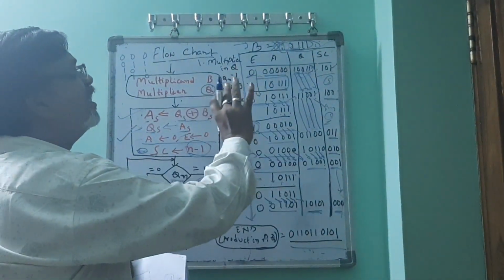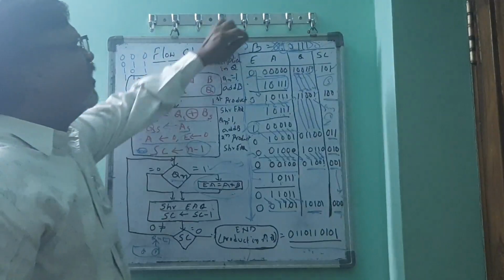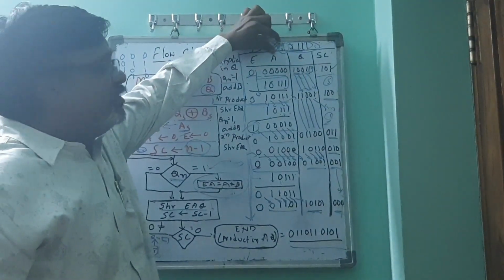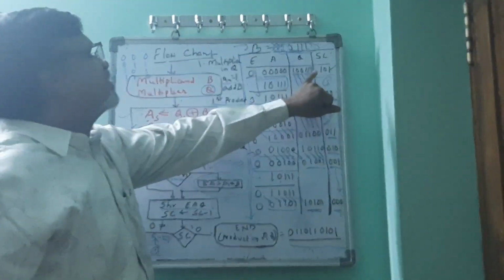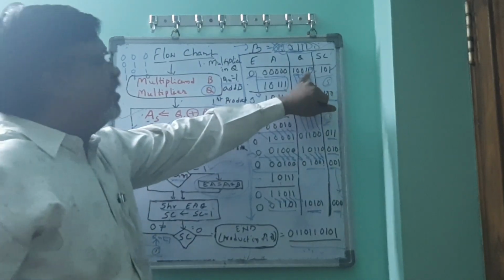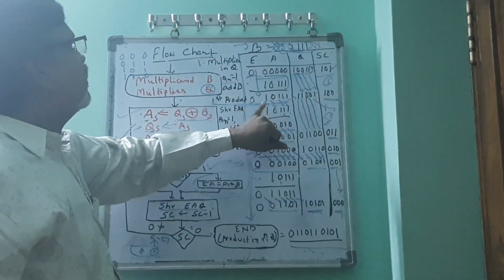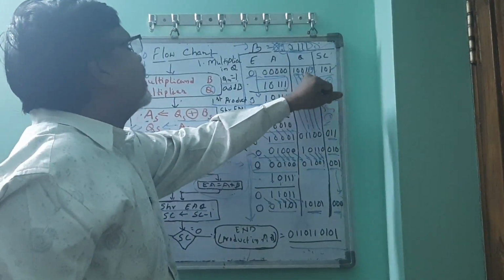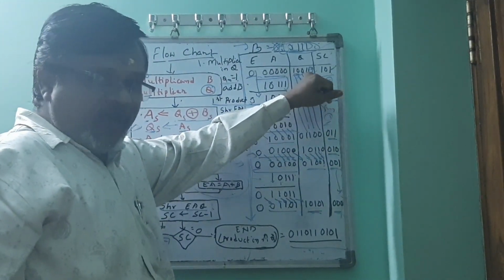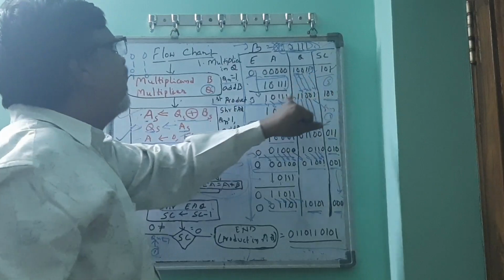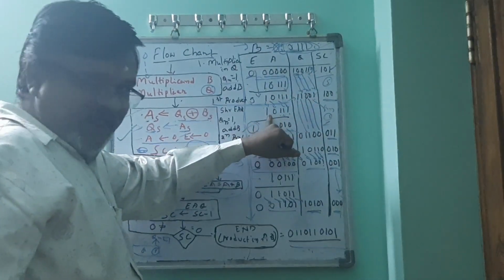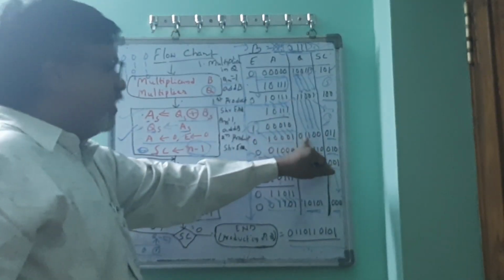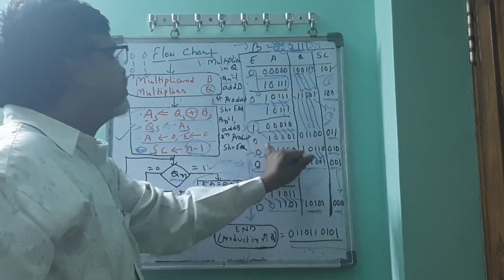So with this, B value 10111 is first added to zeros. Okay, this we got as the result. And after shift right, again second time Qn is 1, that will be added for the second time, and then shift right will be done. Okay, this is the result.